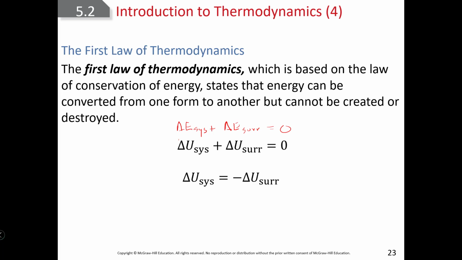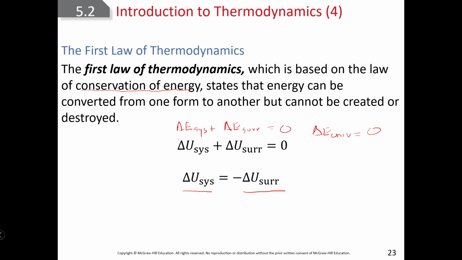A more compact way to write that is delta E of the universe equals 0. The change in energy of the universe equals 0. Whatever is lost by the system must be gained by the surroundings, or vice versa. So this is the first law of thermodynamics, the conservation of energy.